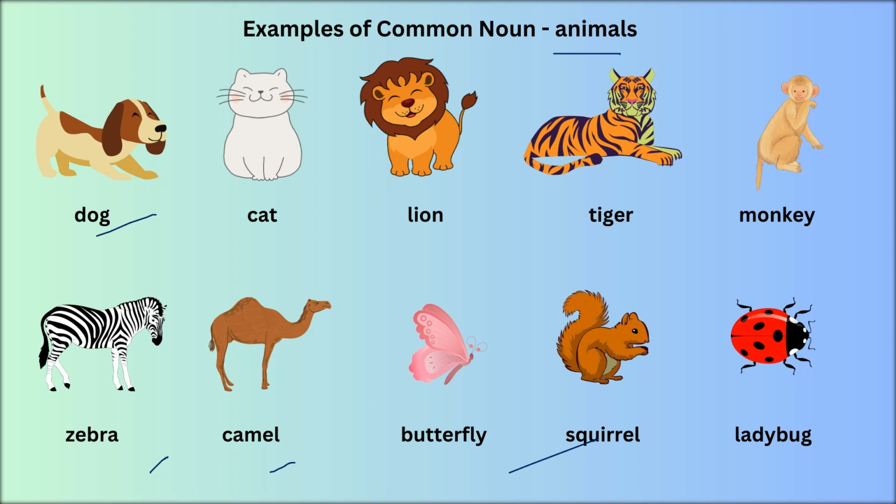Whoever I'm talking to might not identify which dog I'm talking about. There can be three or four dogs on the street, and I have found one particular dog to be very cute. In that case, the dog is used in a very general way, and the word dog without any name will be treated as a common noun.